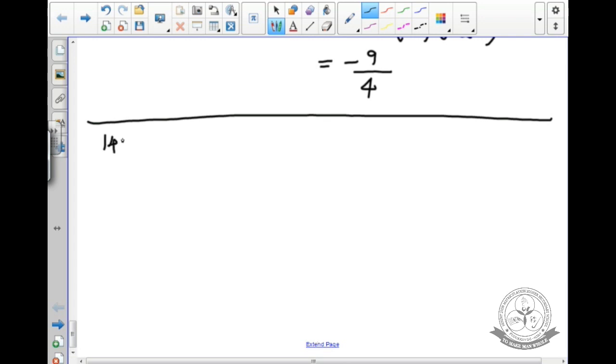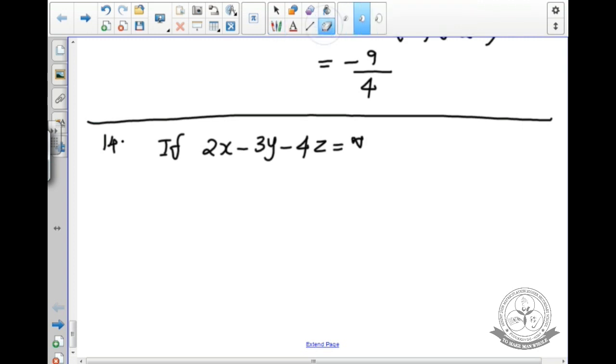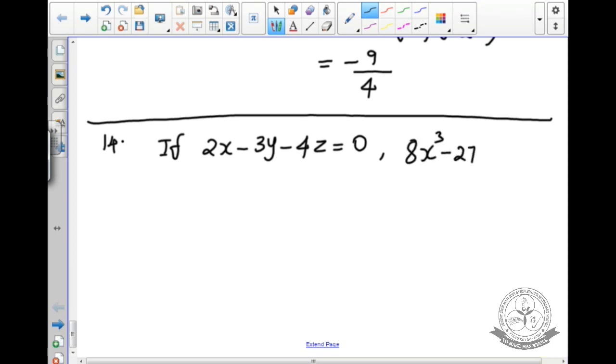If 2x minus 3y minus 4z equal to 0, then find, what we want to find? 8x cube minus 27y cube minus 64z cube. Okay.